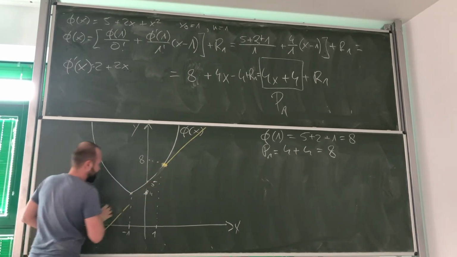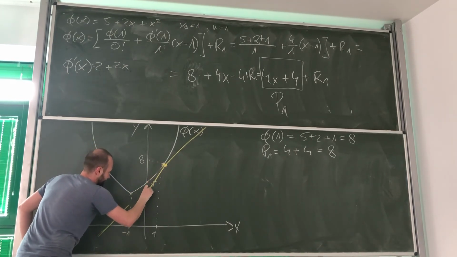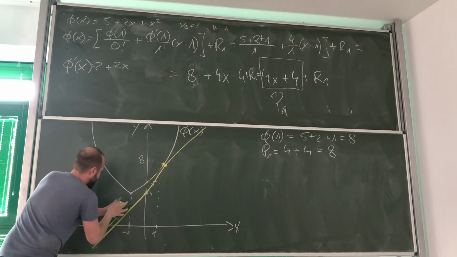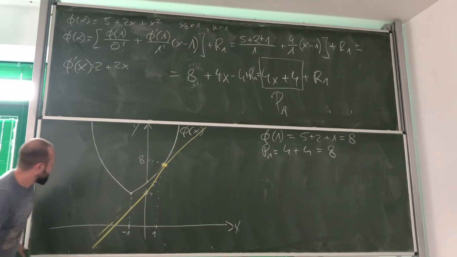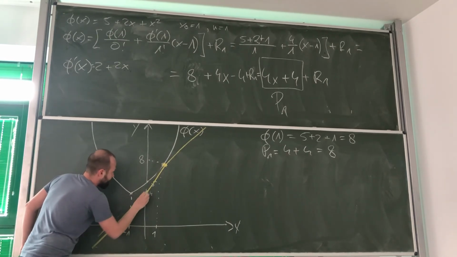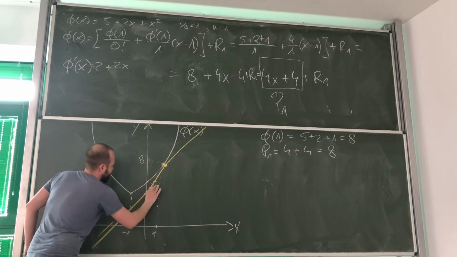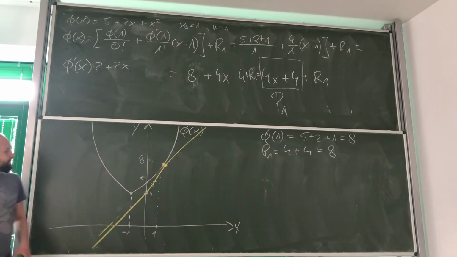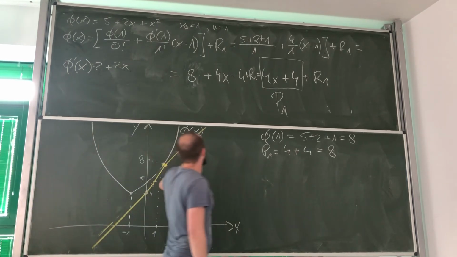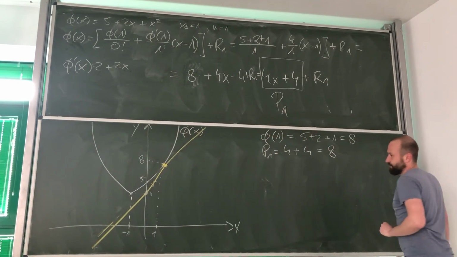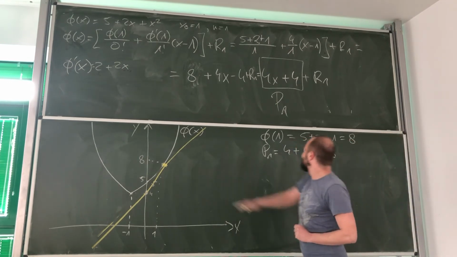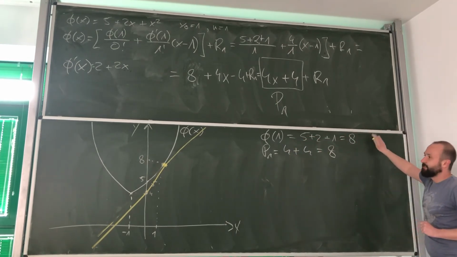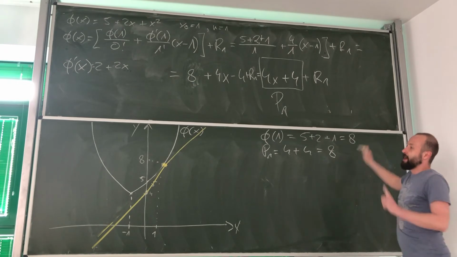Sorry, let's bring it. Okay, now it works. So, now we see that the value of our linear approximation, 8, is exactly the same as the value of the original function.